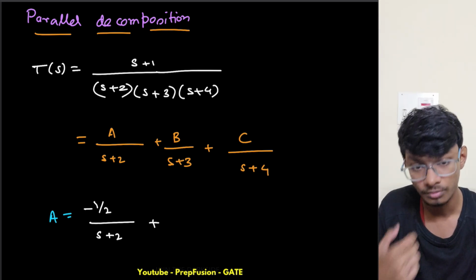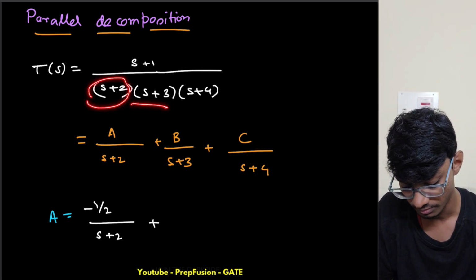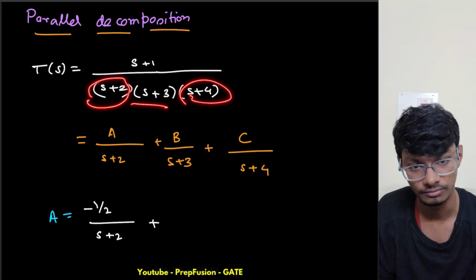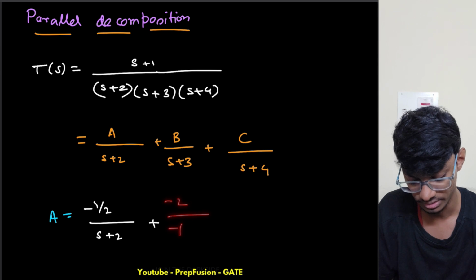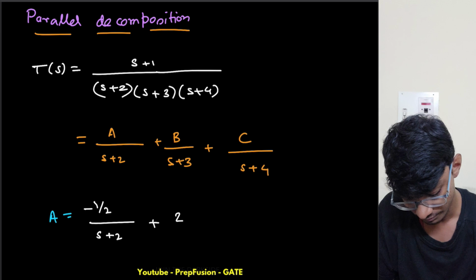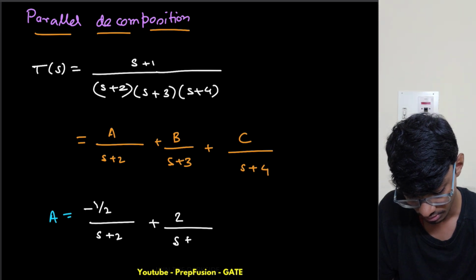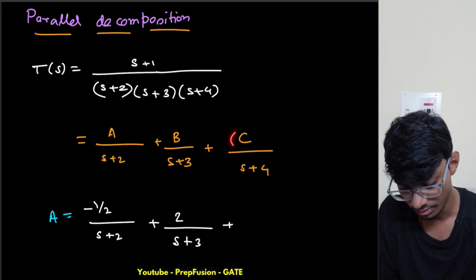So if I put -3 over here, what do I get? This one will become -1, this one will become 1, and this one will become -2. So -2 by -1, it becomes 2 only, so we have 2 over s plus 3. And what does this C become?